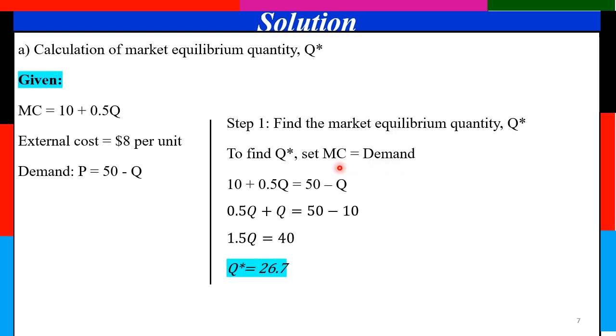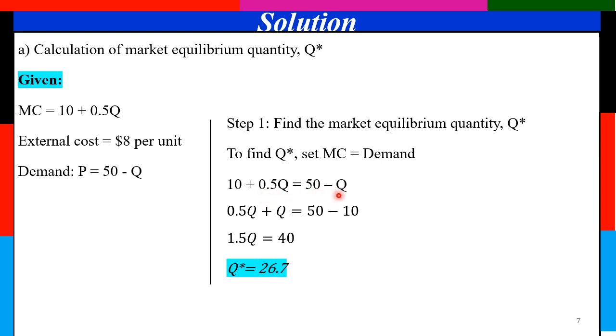So, depending on the equation we already did in question number 1 and question number 2, in order to get the output at the market equilibrium, set the marginal cost equal to the marginal revenue. This is the marginal cost, this is the marginal revenue.